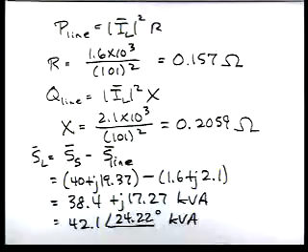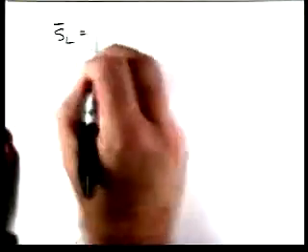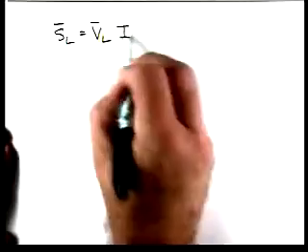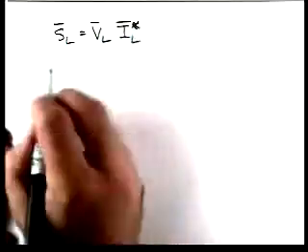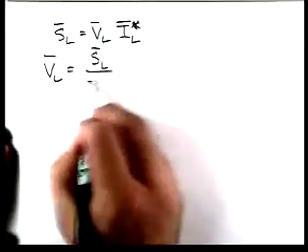Now, we know for the load that S sub L is VL times IL conjugate. So now VL is S sub L divided by IL conjugate.